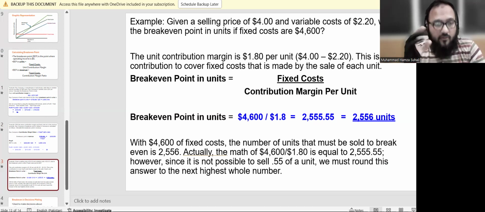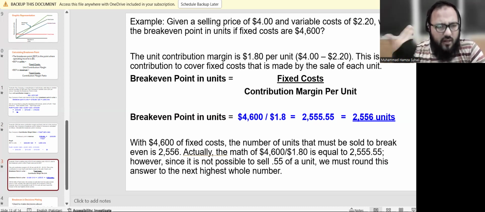So $4,600 divided by 1.8 will give us 2,555 units. We round it off to 2,556 units, because we cannot have number of units as a continuous quantity. It should always be a discrete quantity.